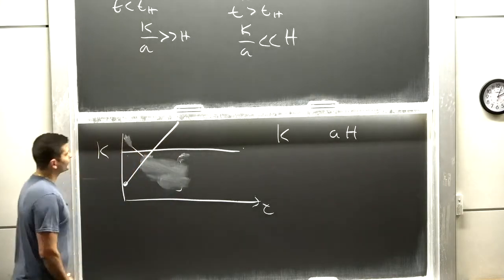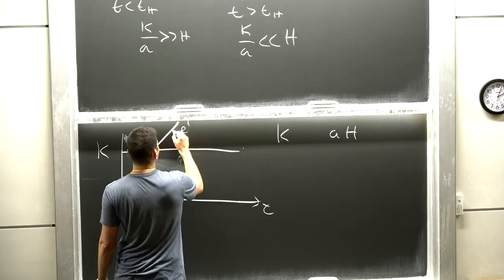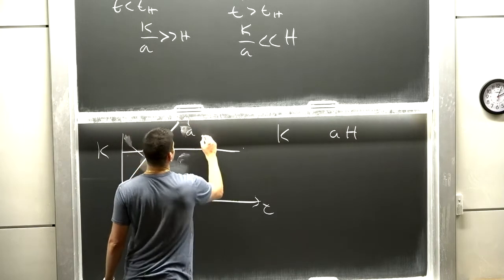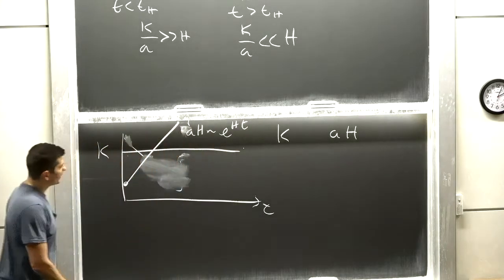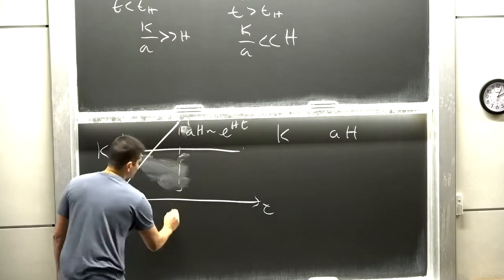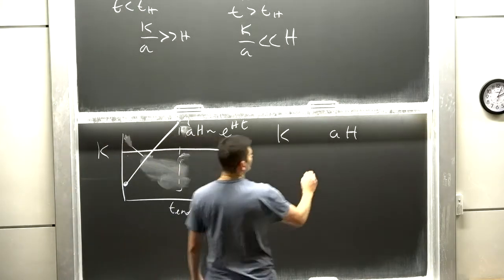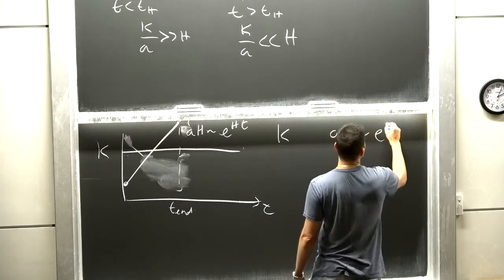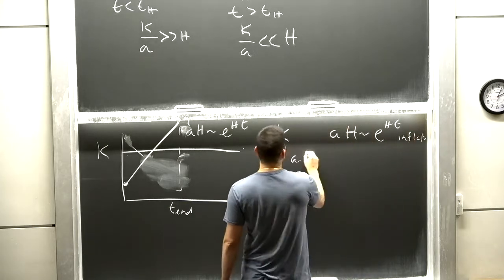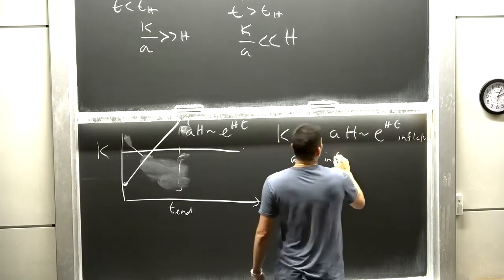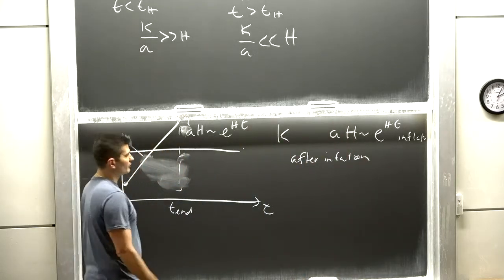It goes like this during inflation, because a is growing exponentially. So a times H is approximately e to the Ht, and it's growing. Then at some point, inflation ends. And then after inflation, the universe is dominated by radiation.